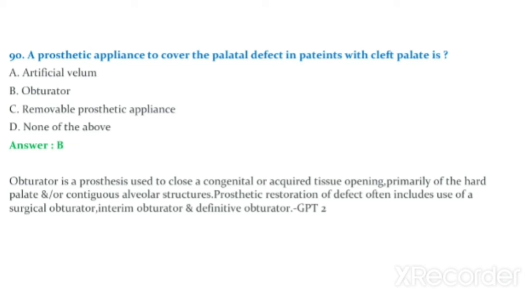Obturator is a prosthesis used to close a congenital or acquired tissue opening primarily of the hard palate and or contiguous alveolar structures. Prosthetic restoration of defect often includes use of a surgical obturator, interim obturator, and definitive obturator.